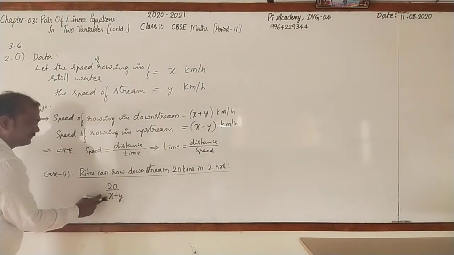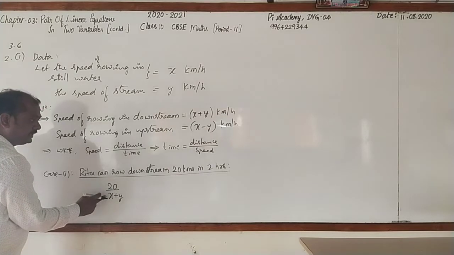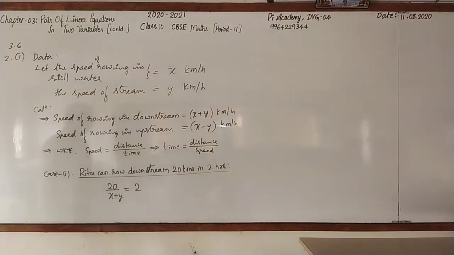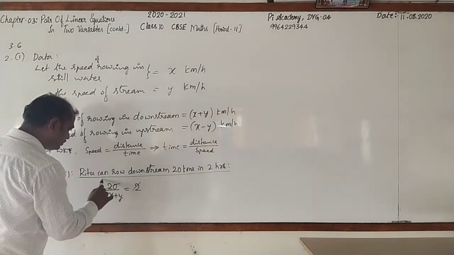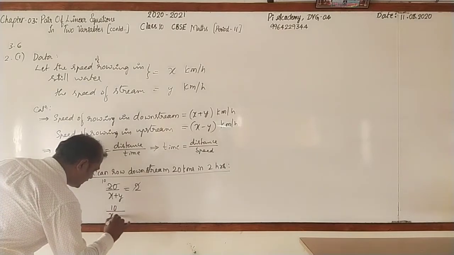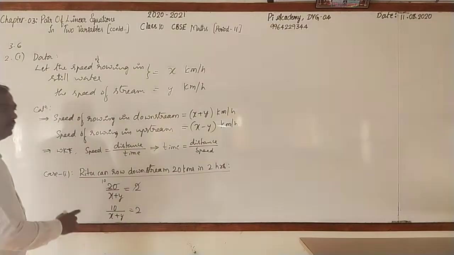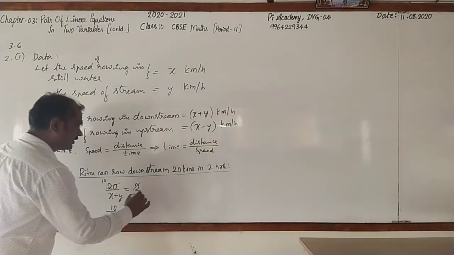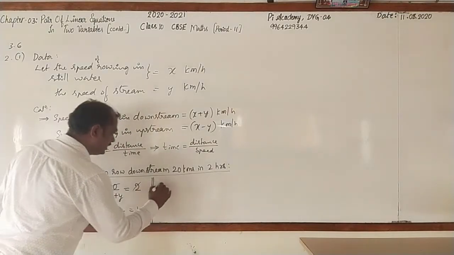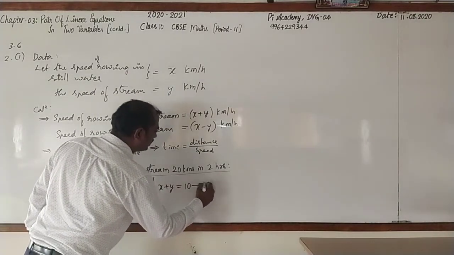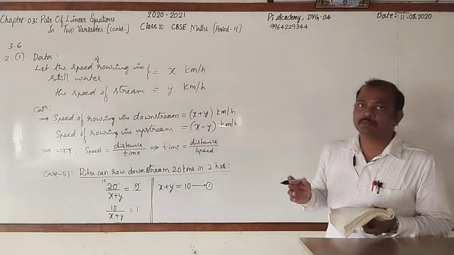Distance by speed is nothing but time. Time is how much? 2. We can write it as 20 by x plus y is equal to 2. Now you can cancel here, and we rewrite this as 10 by x plus y is equal to 1. Then go for cross multiplication. Here I will write x plus y into 1 is x plus y, that's equal to 10. You may call it equation 1. Hope that you have understood.